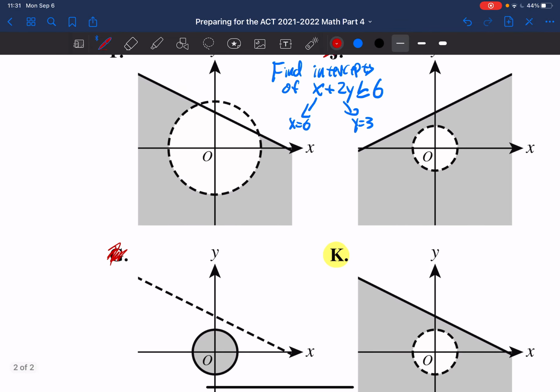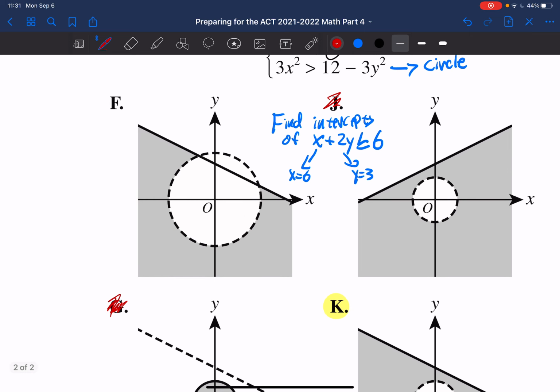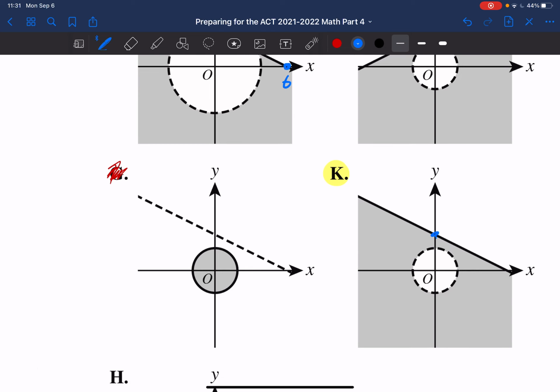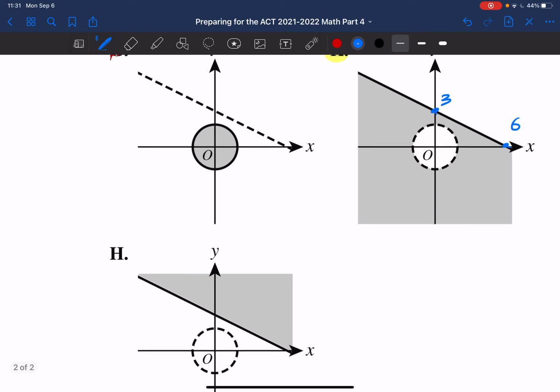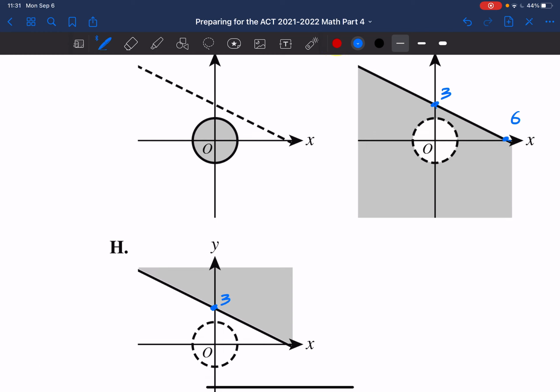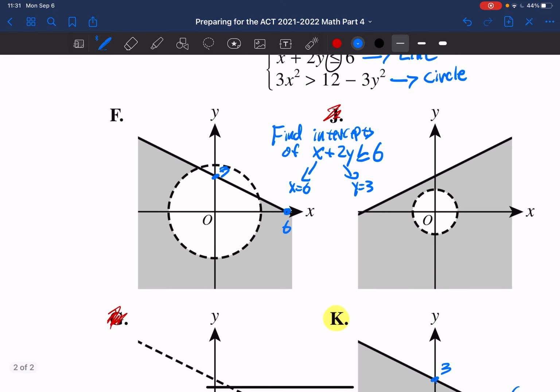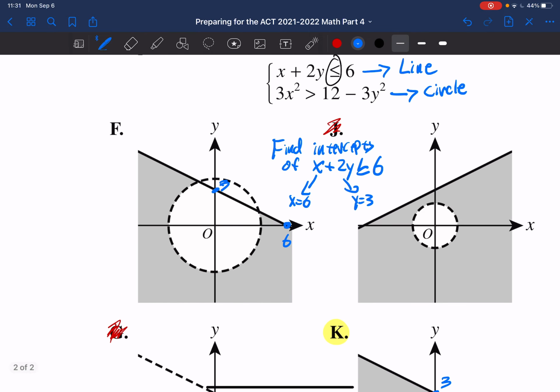So the question is, well, what did we say the intercept was? So for y, it was 3. For x, it was 6. So we've got 3, and we've got 6. Then we've got 3, and then we've got 6. Now it also says it is less than 6.